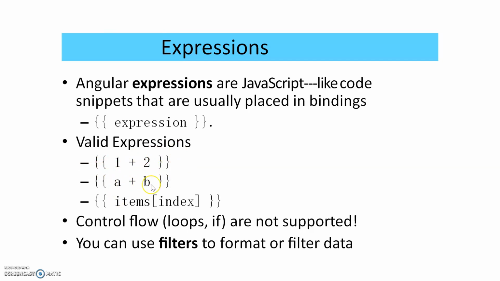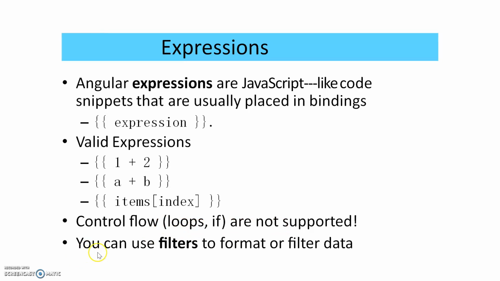Here a plus b will display the concatenation of a and b. Here atoms index means the indexed element of atoms will be displayed. Expressions used for control flow, such as loops and ifs, are not supported. We have seen in the previous session also that expressions are not supported for loops.